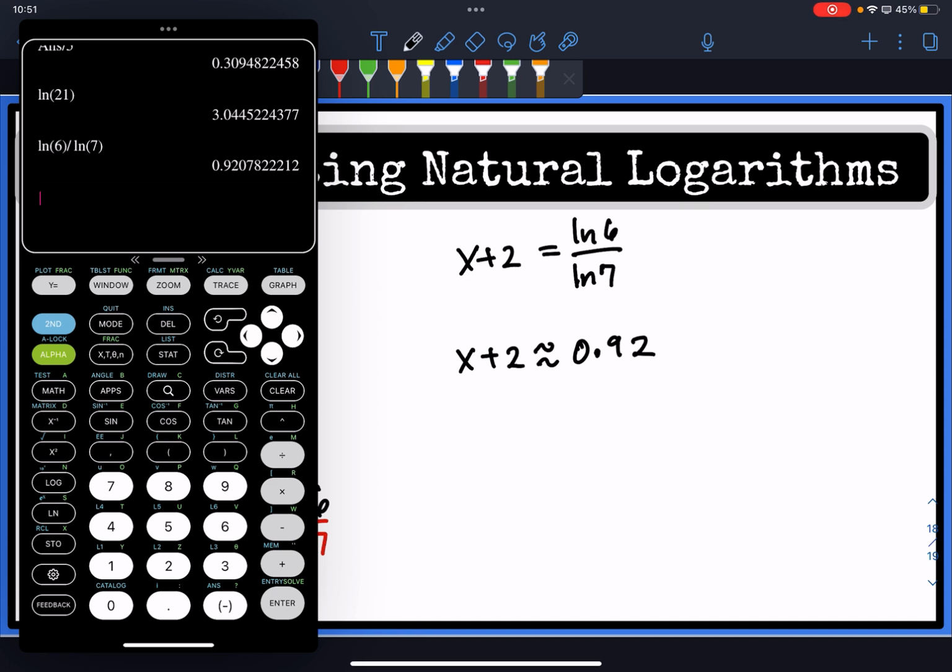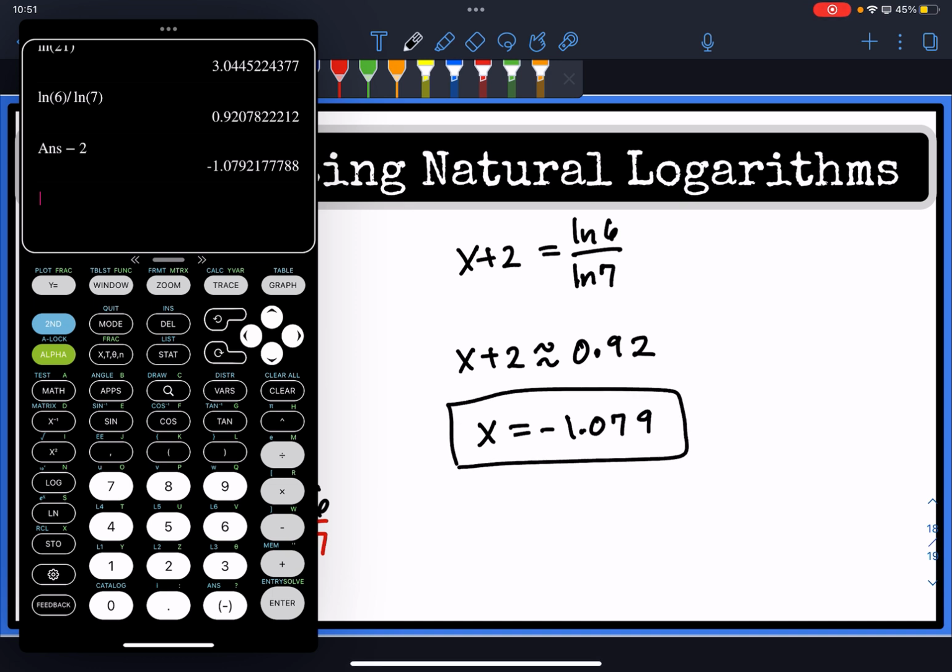We're going to subtract 2, so let me just subtract 2 from my answer, and x equals negative 1.0792, so this is your approximation. So there you have it.